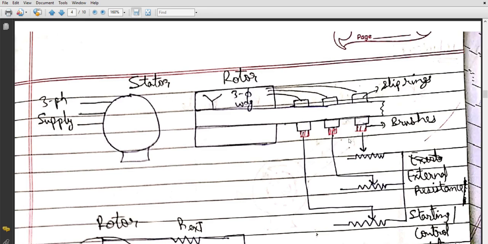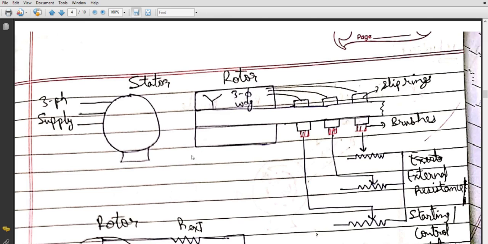Through these brushes, the external resistances are added, and this is terminal number 1, this is terminal number 2, and this is terminal number 3. Now we are getting three stationary terminals. Earlier these terminals were rotating, but now by using this slip ring brush arrangement, we are getting three stationary terminals, and we are able to add these external resistances.